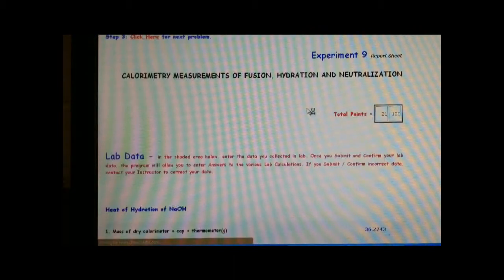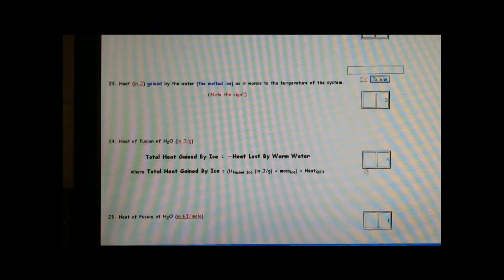Next, the temperature change in degrees C of the ice as it changes to water and then warms up to the final temperature of the system. The ice is starting out at 0 degrees, warming up to 25 degrees, so its temperature change is 25 degrees.